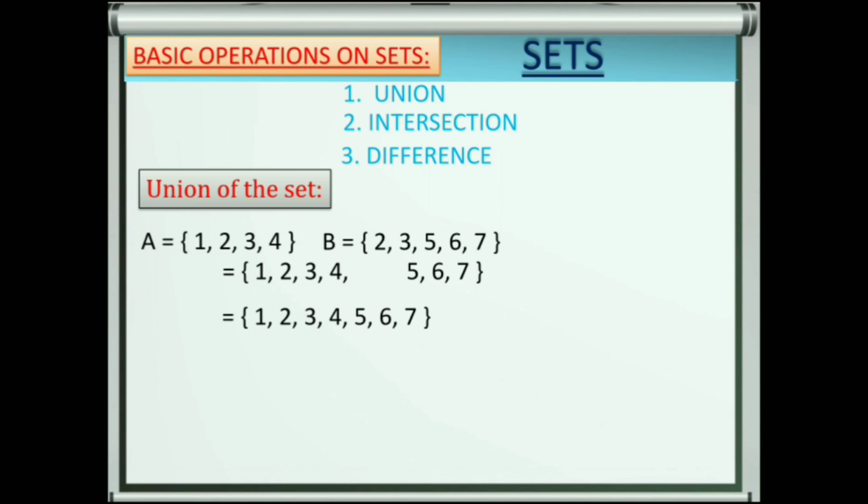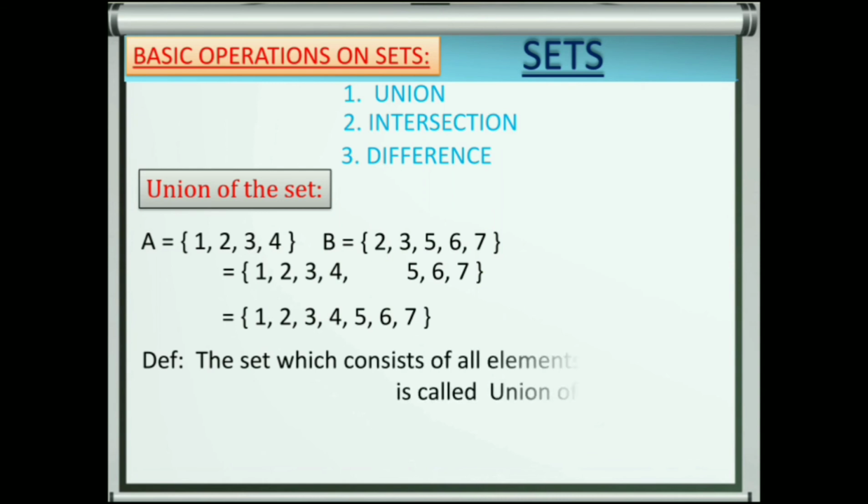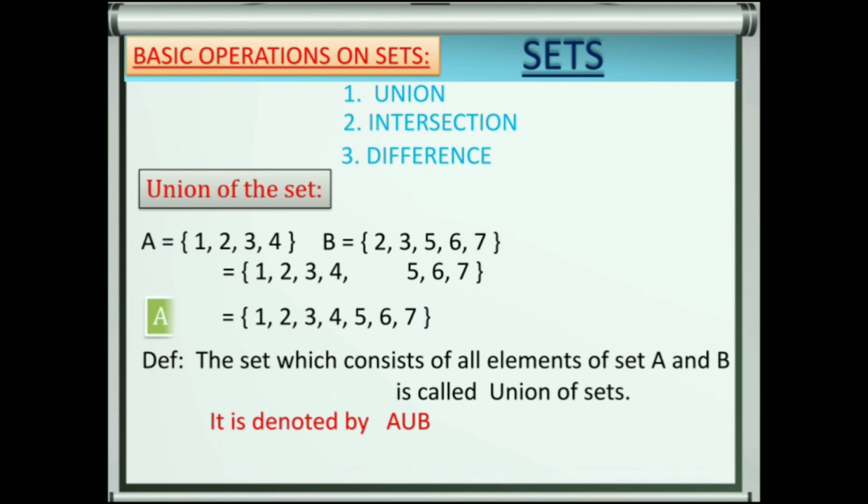By this example, we define the union of sets. The set which consists of all elements of set A and B is called the union of sets. It is denoted by A union B, like this. The symbol ∪ is used to represent the union of sets.